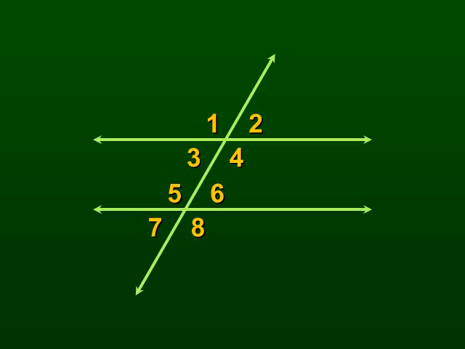So here we would have, we've already talked about 3 and 6 and 4 and 5 being alternate interior. So we've got 1 and 8 as being alternate exterior. And we also have 2 and 7 as being alternate exterior angles.